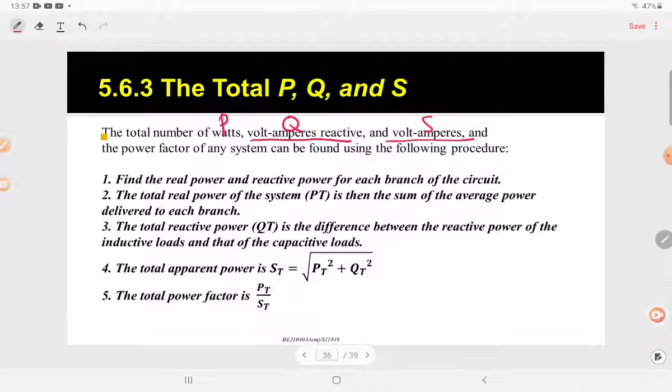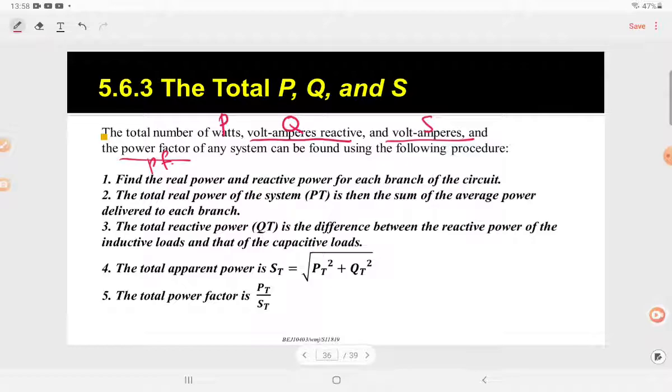The power factor of any system can be found using the following procedure. This is the way when we want to find the total real power, the total reactive power, the total apparent power, and also the total power factor for the system. So these are the steps you need to consider.